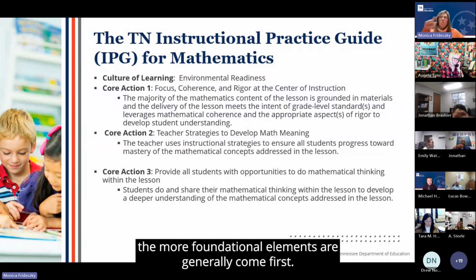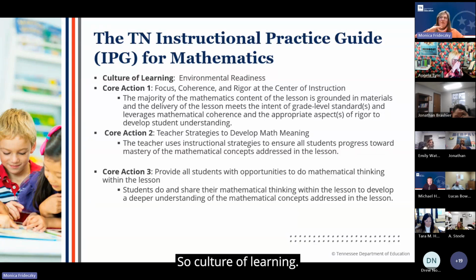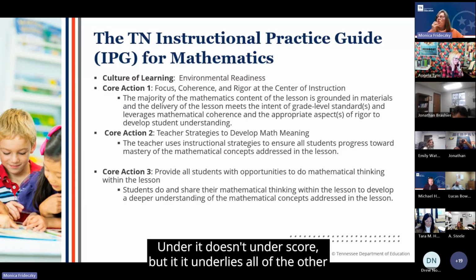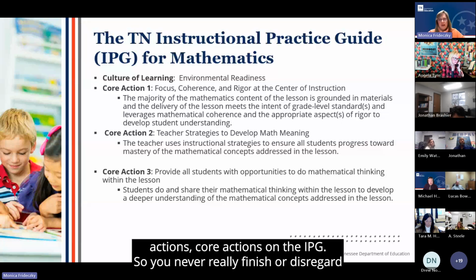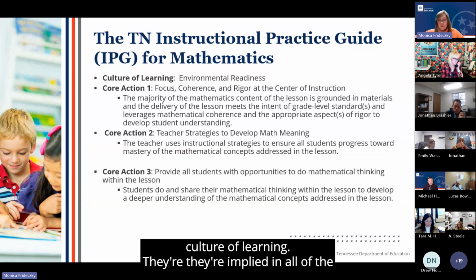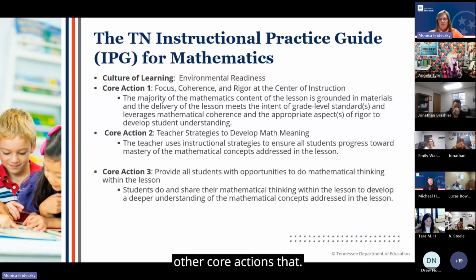So culture of learning doesn't underscore, but it underlies all of the other core actions on the IPG. So you never really finish or disregard culture of learning. It's implied in all of the other core actions that proceed.